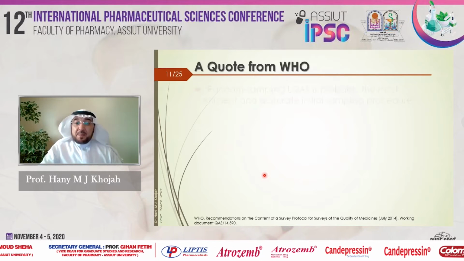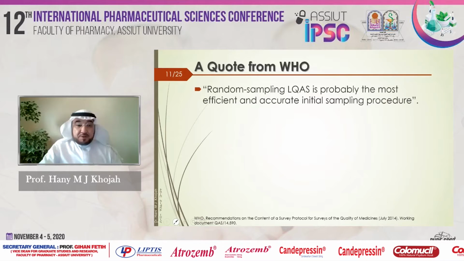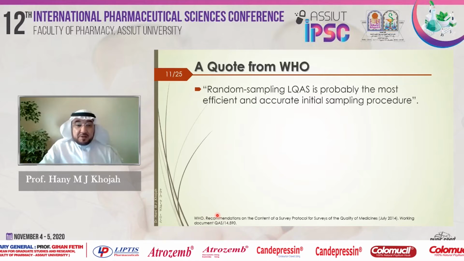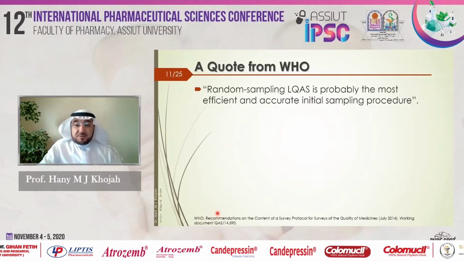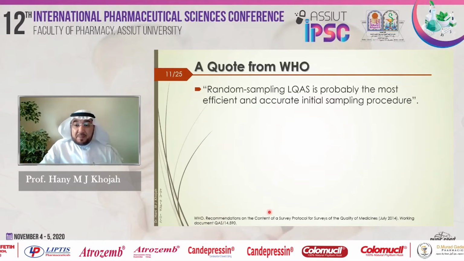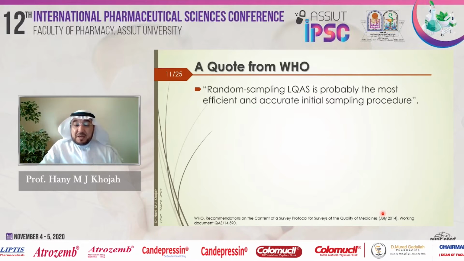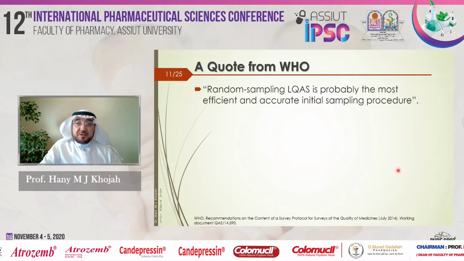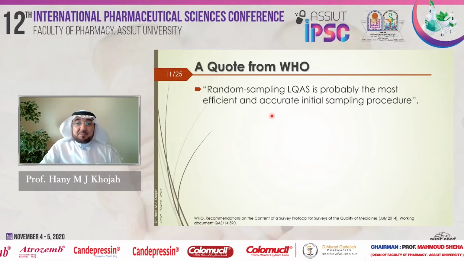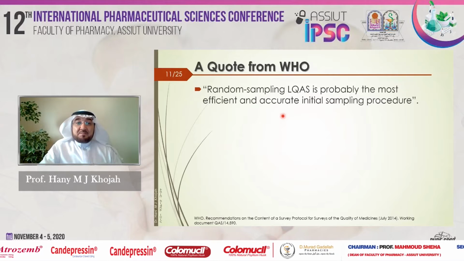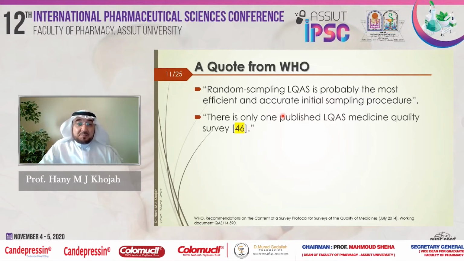I have here from the WHO report. Here we can see in the bottom line down the recommendations on the content of survey protocols for surveys of the quality. This was a working document published in July 2014. It says random sampling LQS is probably the most efficient and accurate initial sampling procedure.